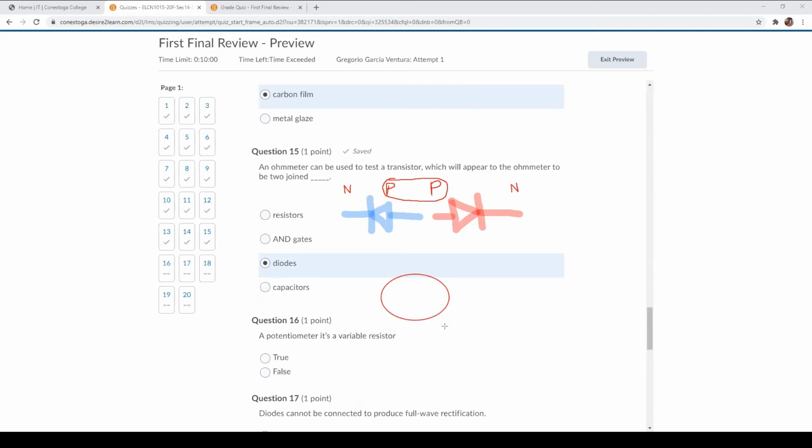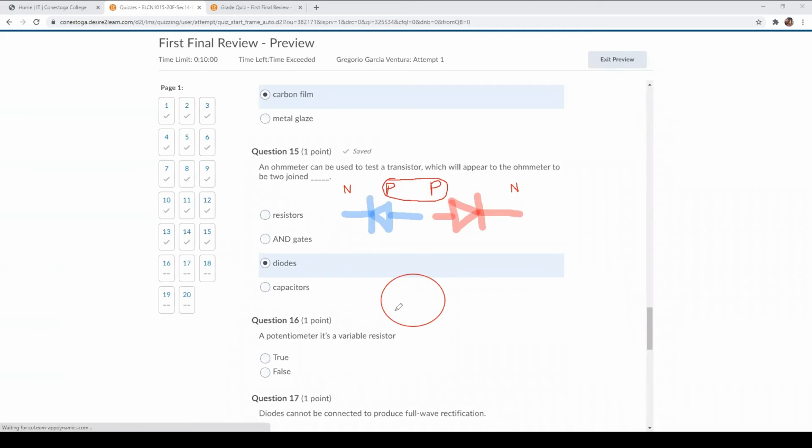Okay, so this is going to be my meter. And I connect my positive and negative terminals to this transistor.